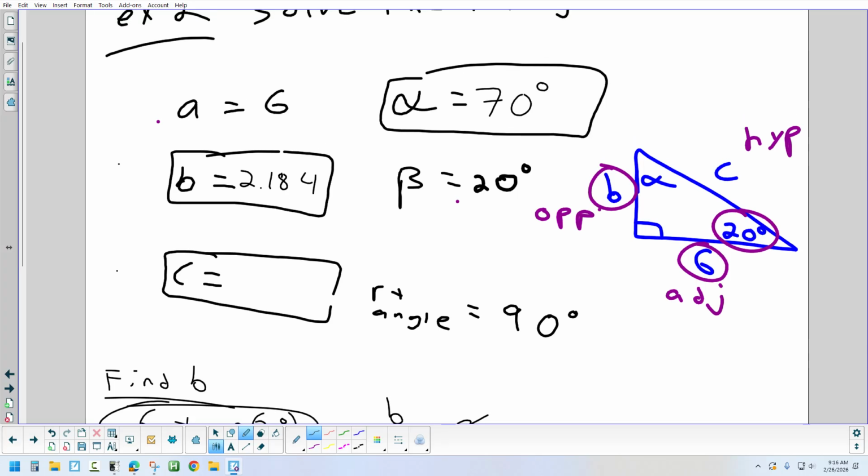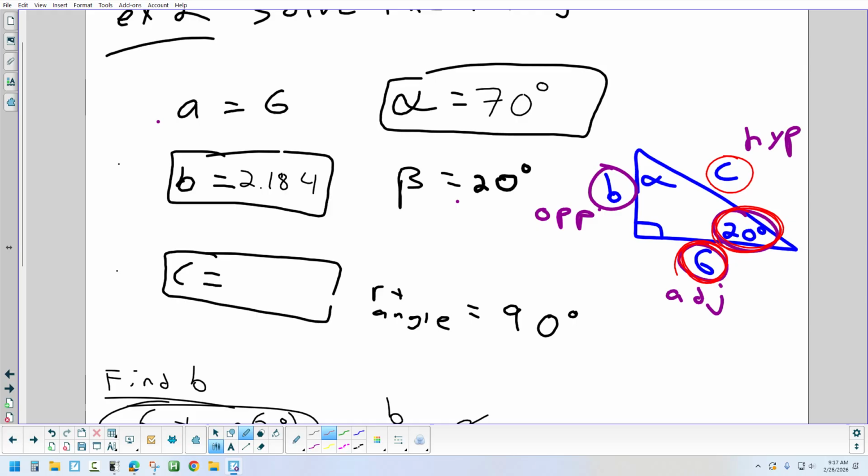So now to find C, we're going to still focus on the two pieces of information that we're given. But now we're going to find C instead of B. What two sides are going to be involved this time? The given and the one we're trying to find, adjacent and hypotenuse. And Jaden, what trig function has adjacent and hypotenuse in it?